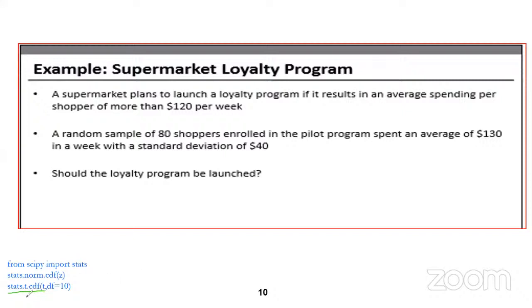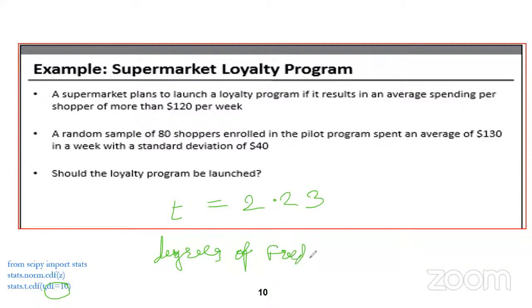We are using a t-test, right? So we'll use a function t.cdf, and along with that, we need to pass 2 values, t and df. Now, out of that, t is nothing but the critical value we have calculated after performing test. That is, t is equals to 2.23. And the df stands for degrees of freedom.